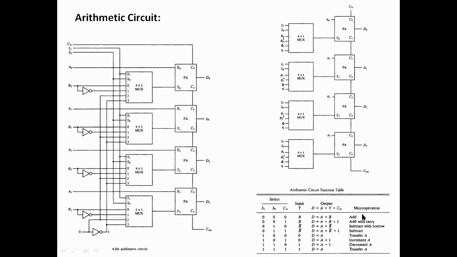So in total, these 1 2 3 4 5 6 and 7 operations are being performed, 7 arithmetic operations. So this is how we can use a single arithmetic circuit to do this many operations.